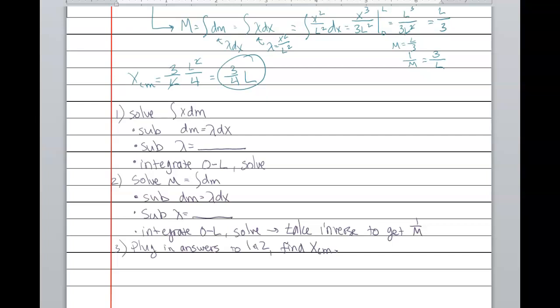I think I have one more practice problem we can do. Okay, let's do one more practice problem with actual numbers. So here we're going to have some non-uniform thin rod, so another club blob.